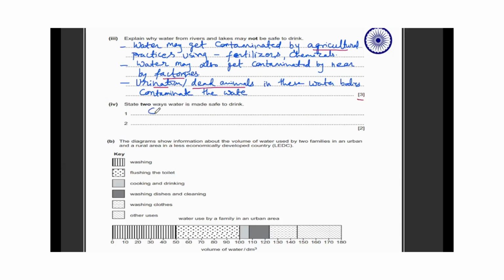One is, we know, adding chlorine, called as the process chlorination. Chlorination is one of the method. The second one is boiling. You can write desalination also or UV method also, but mention anything, chlorination, boiling, both are safe way to drink the water.